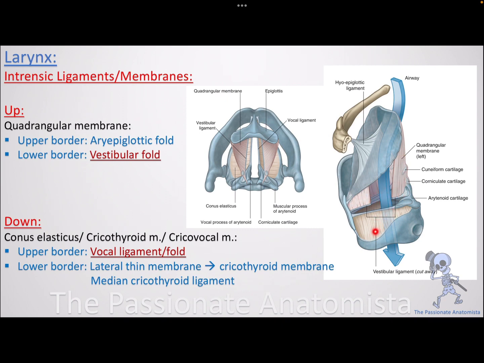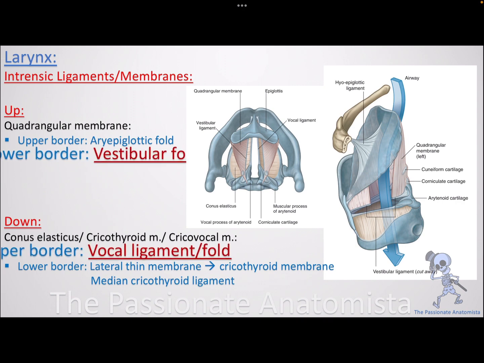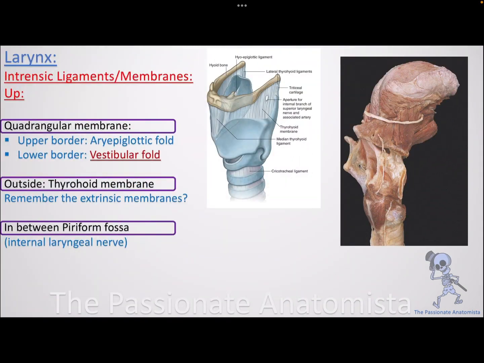The conus elasticus, or the cricothyroid membrane, or the cricovocal membrane, gives two important condensations, one on the top that gives us the vocal fold, and one anteriorly that firmly connects the cricoid to the thyroid, and that is what we call the median cricothyroid ligament. All right, now we're going to move on, talking more in detail about the vestibular fold and vocal folds.